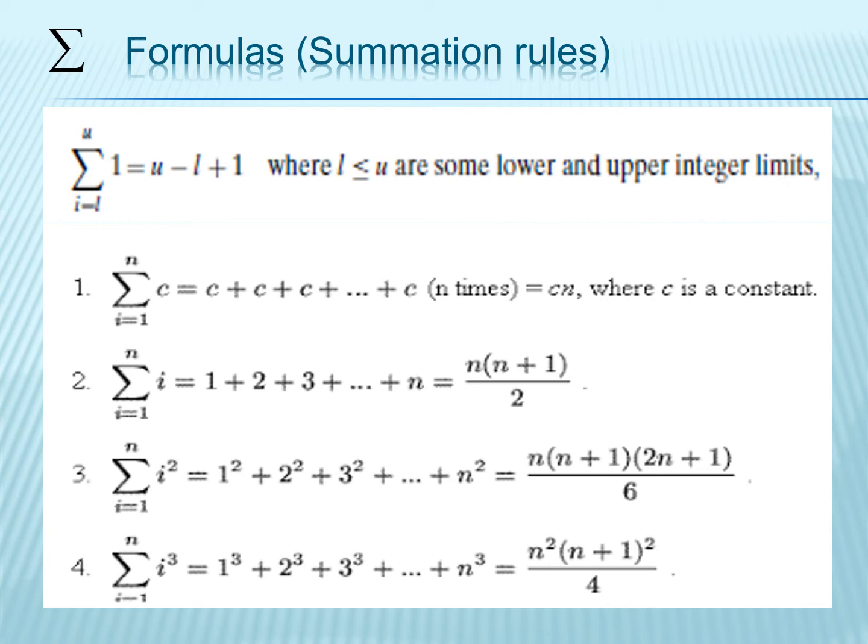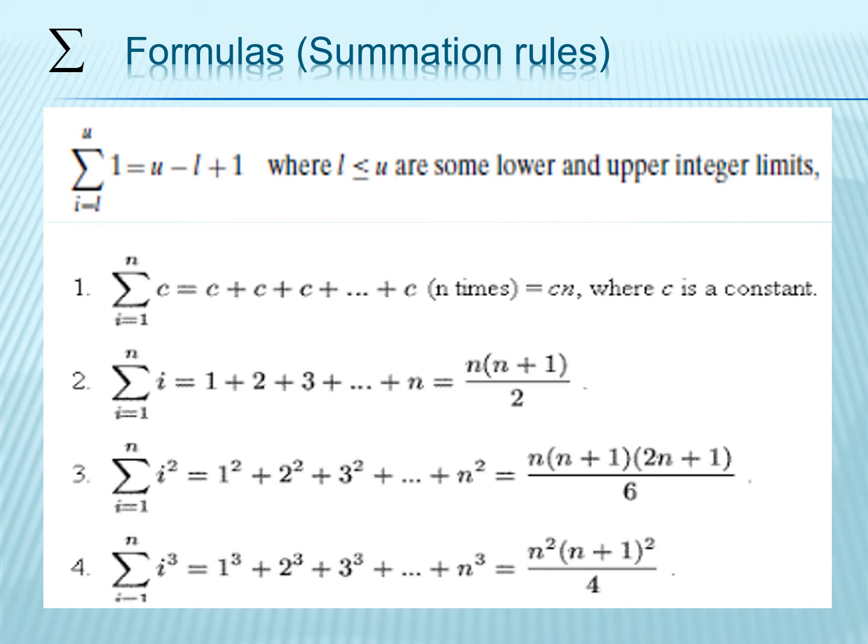The summation formula for a single loop structure is given as sigma i equals 1 to n of i, which equals n multiplied by n plus 1 by 2.